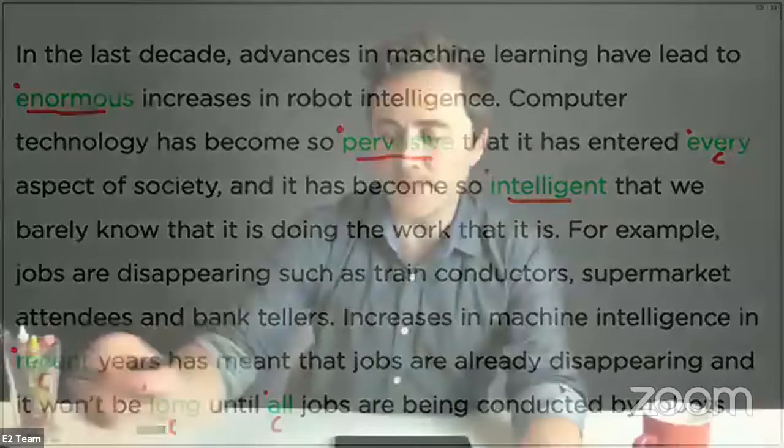So the key to vocabulary in your writing is you want to have a range of both common words like big, all, every, and you also want to have a range of less common words like pervasive or aspects or whatever. But the key thing is, if you're using less common words, make sure they're precise, make sure the meaning is right. Because if the meaning is wrong, you may as well use a simple word for that purpose, okay? So just make sure your less common words are accurate, precise.